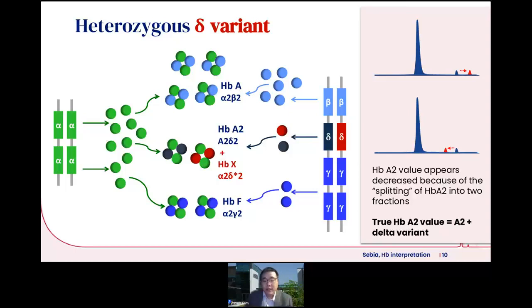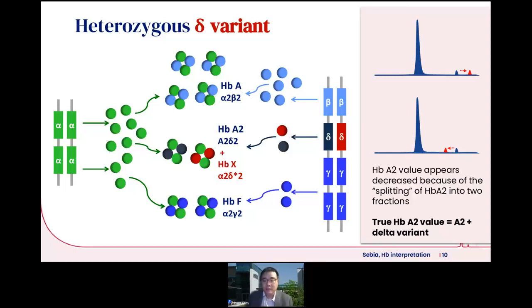However, because hemoglobin A2 is important for diagnosis of clinical situations like thalassemia, to consider the true hemoglobin A2 value, it's important for us to sum up the percentages of the 2 peaks, even though one of them is the variant. Of course, the mutation happening to hemoglobin A2 itself would not be so much of a concern because it would not produce too much of a clinical impact.